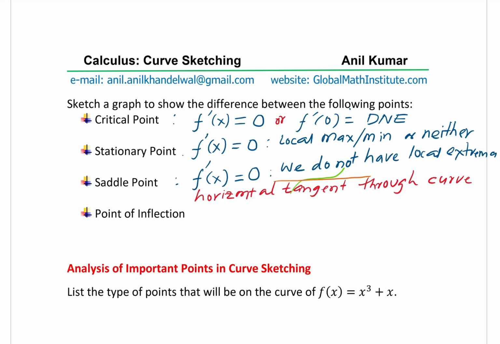Perfect. Now this could also be referred to as a point of inflection. However, a point of inflection is more than the saddle point. What is a point of inflection? For a point of inflection, we say that the second derivative is equal to 0, where concavity changes, right?